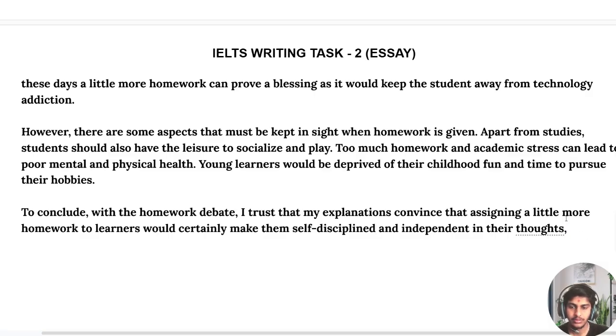So, in their thoughts and independent in their thoughts and would definitely create interest in academics.